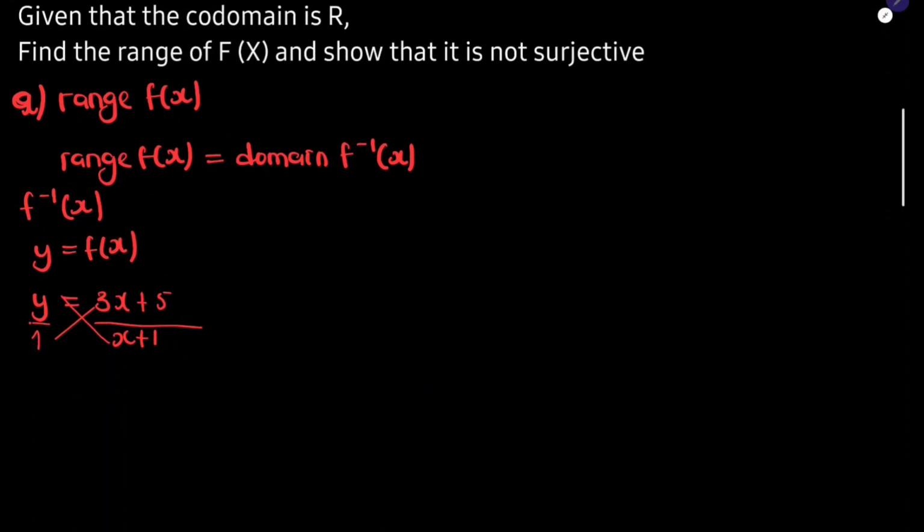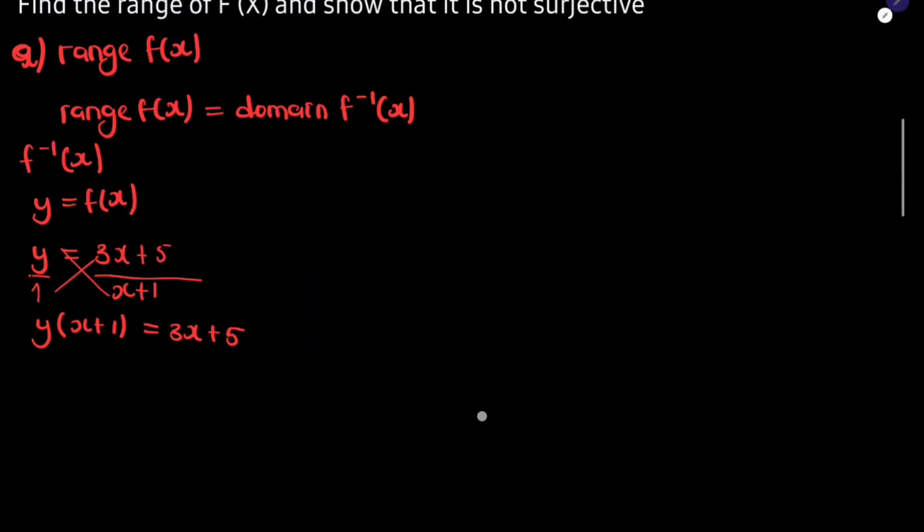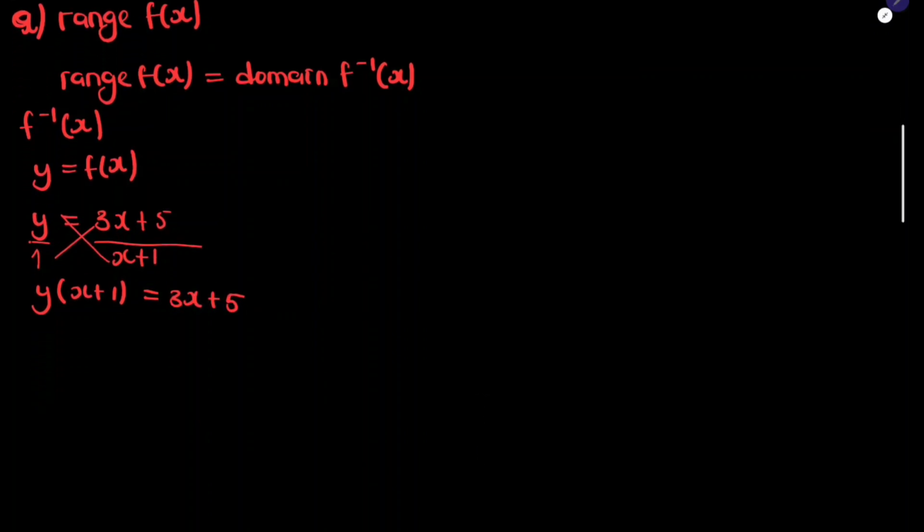So from here, we are going to have y into (x + 1) equal to 3x + 5. So we are going to open the bracket. So from there, we are going to have xy + y equal to 3x + 5.